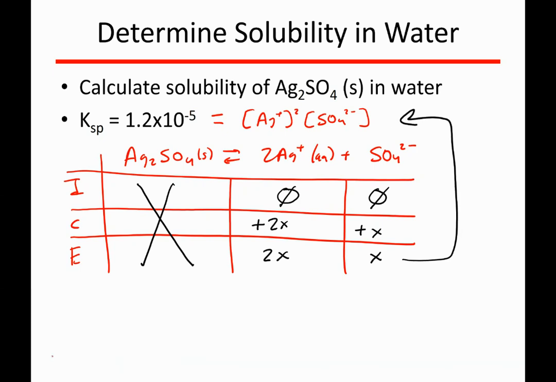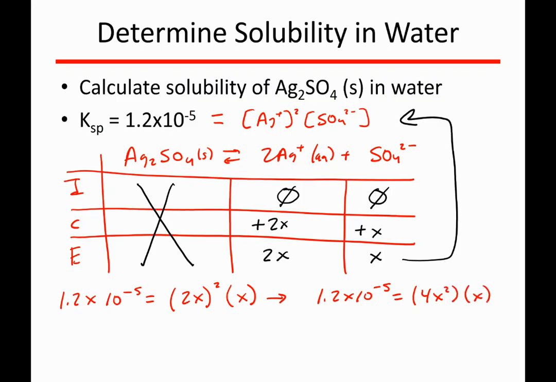These values get plugged into the Ksp expression. So we'll write that in. And what we'll have is 1.2 times 10 to the minus 5 is equal to the concentration of Ag plus, which is 2x, the quantity squared, times the concentration of SO4 2 minus, which is just x. Don't forget that that squared has to be applied to both the x as well as the 2. It gets applied to everything inside of the parentheses, so watch out for that. So when you distribute that throughout, you get 1.2 times 10 to the minus 5 equals 4x squared times x.